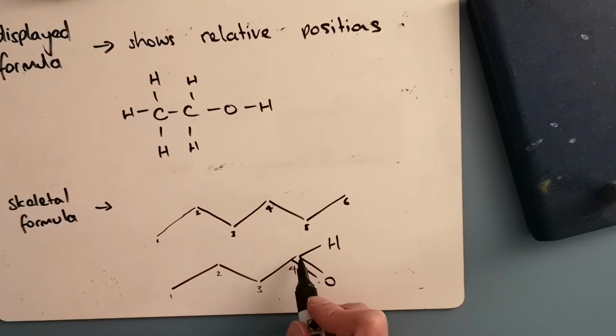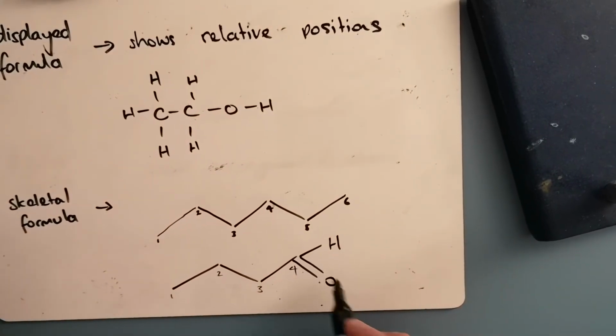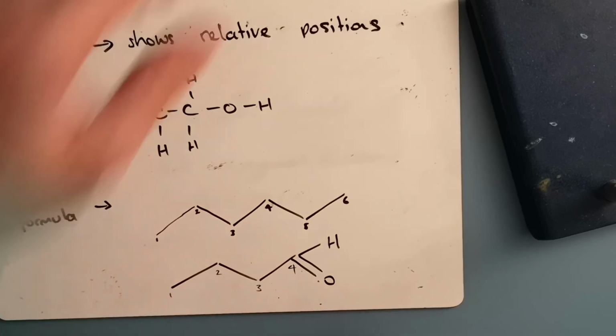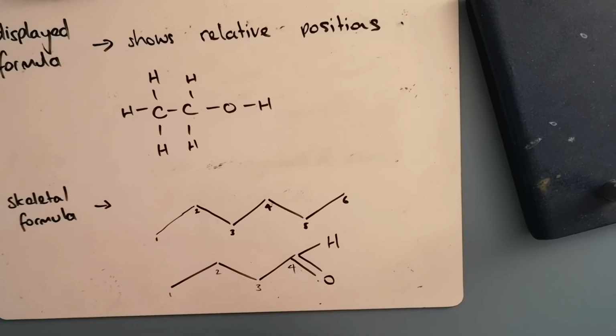And that 4th carbon is bonded to a hydrogen, and down here we've got a double bond to an oxygen. They are the 4 kind of key terms that we'll keep on referring back to through this lesson.